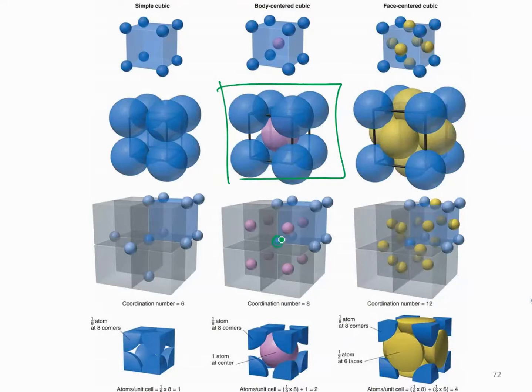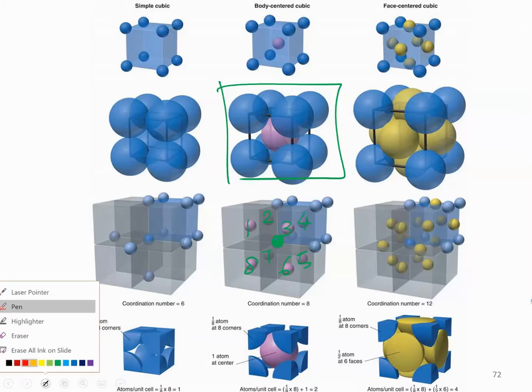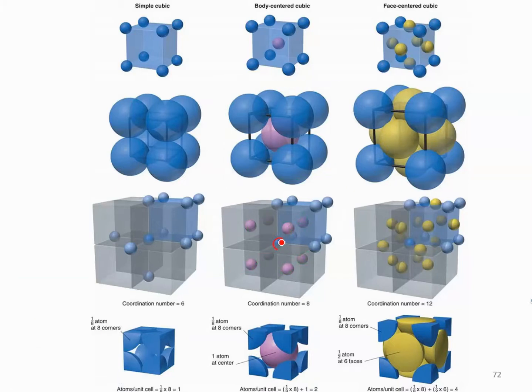If I take this as the origin, can you identify which are the nearest neighbors? The pink color ones, right? 1, 2, 3, 4, 5, 6, 7, 8.